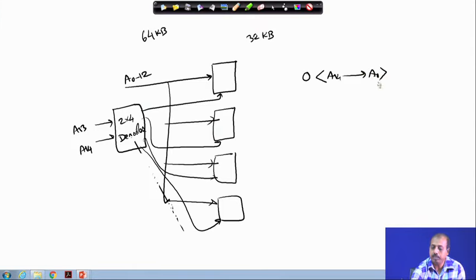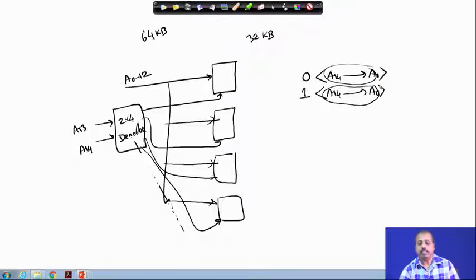That will determine which chip we are going to access. Similarly, if A15 is equal to 1, and you give some value for A14 to A0, suppose these two contents are the same.